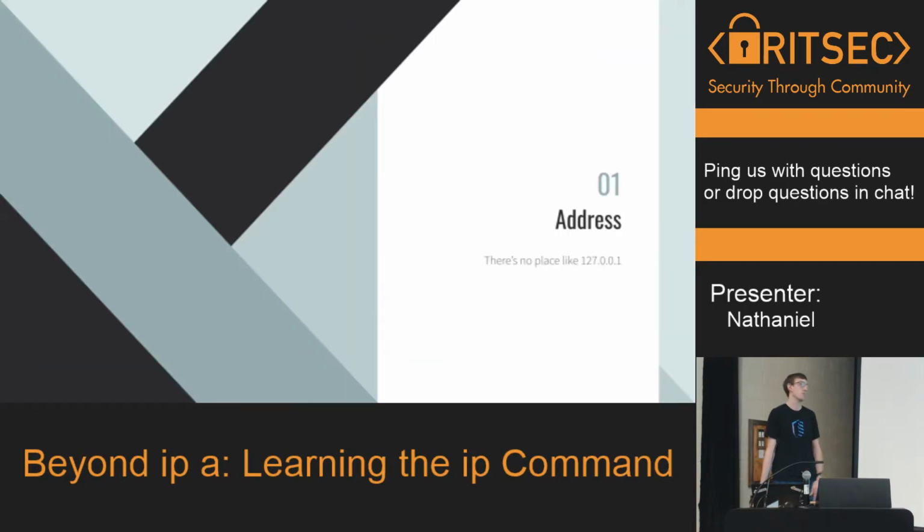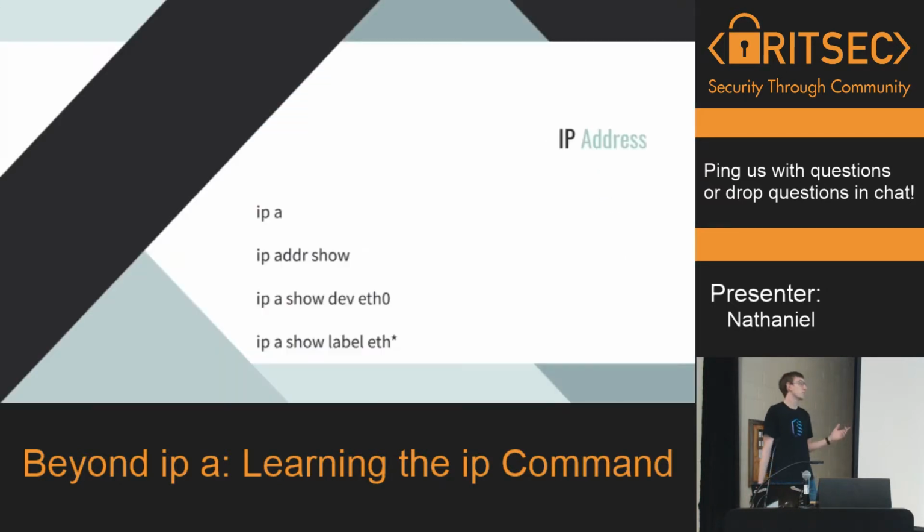So first off, ip a, of course. A is actually short for addr, which is short for address. You can type any of those, and it'll know what command you want. You can also limit by doing dev and then whatever interface you want. Like, I know I only want the IP address of my eth0 interface, so I can print out only that using show dev eth0.